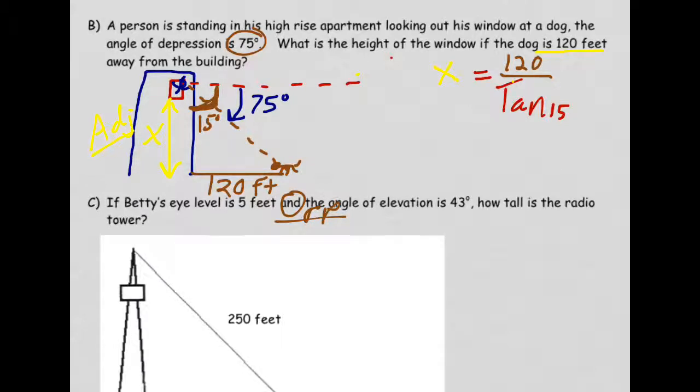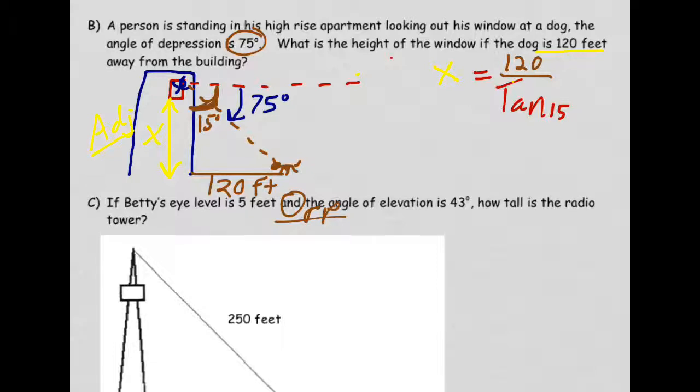Alright, and now we've got x equals 120 over the tangent of 15. And remember, the long way to do that is just cross multiplying, but basically every time you have an x in the denominator, you can just switch places with whatever is on the other side of the equal sign.